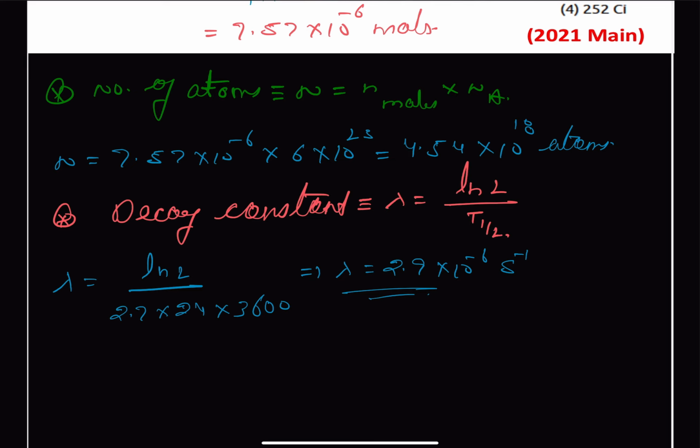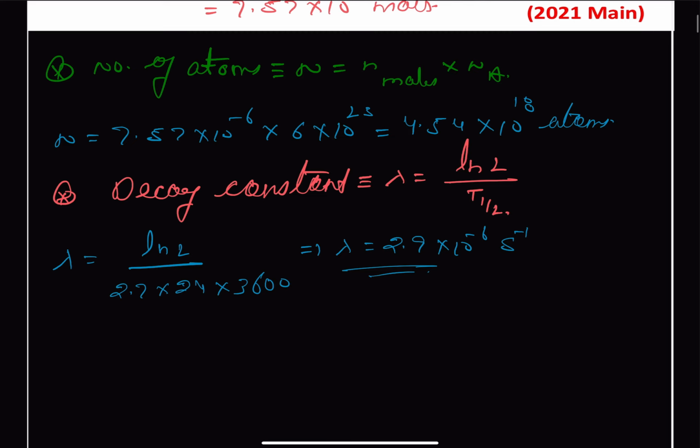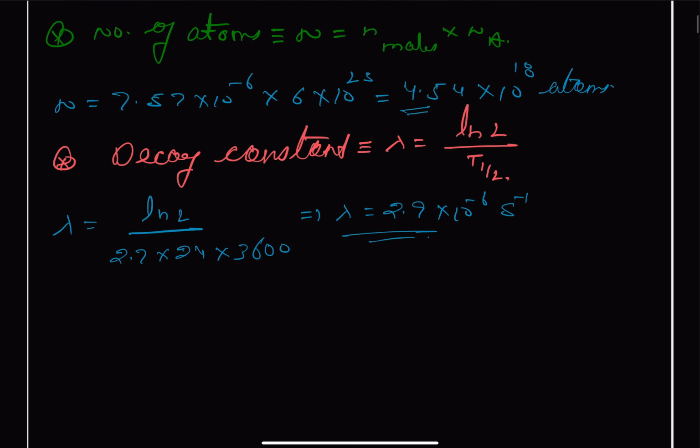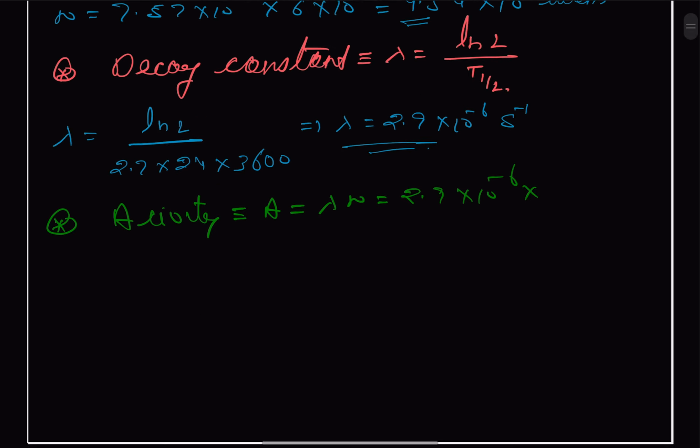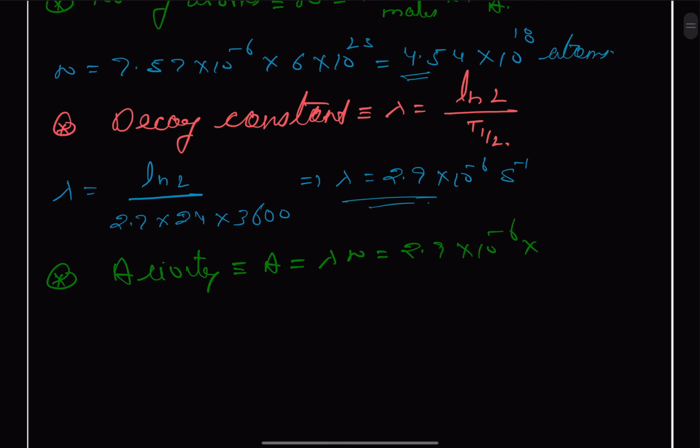Now from here we can find out our activity, because we know our number of atoms and we know our decay constant. Therefore we can say activity, that is our A, is lambda multiplied by N, and lambda is 2.9 into 10 to the power minus 6, and N is 4.54 into 10 to the power 18.